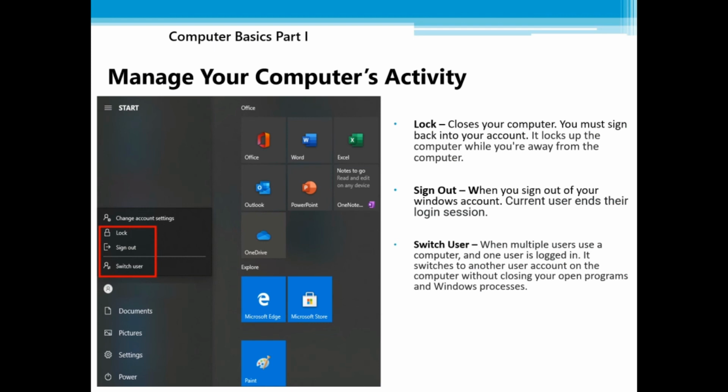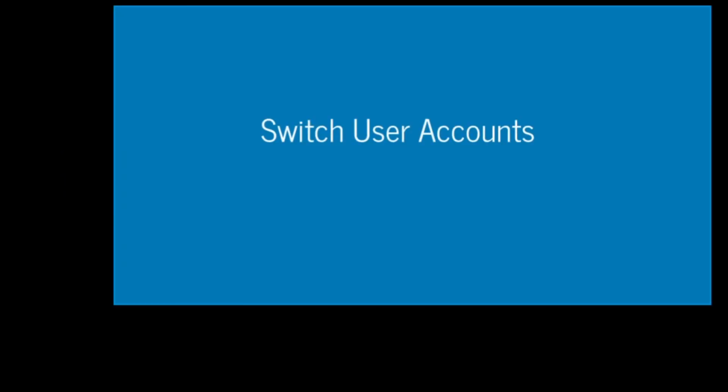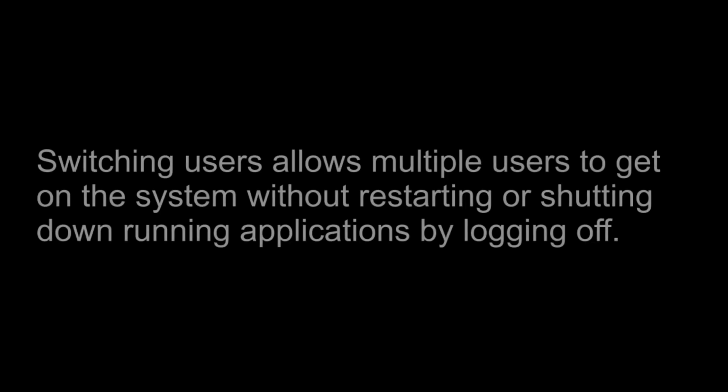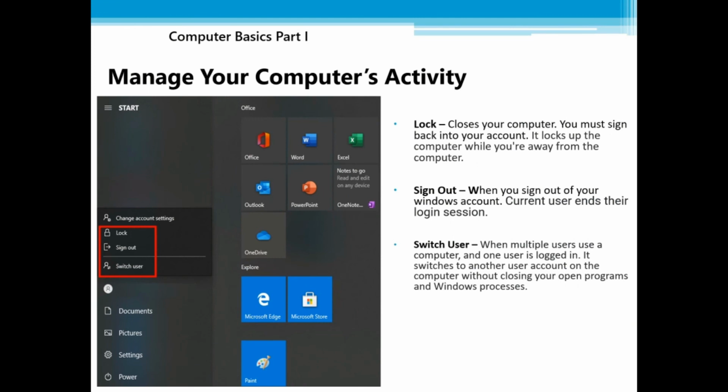You can sign out. You can switch to another account. Someone else can use the computer during that time and then switch back. And as we go through the course, we're going to practice all of these different activities.